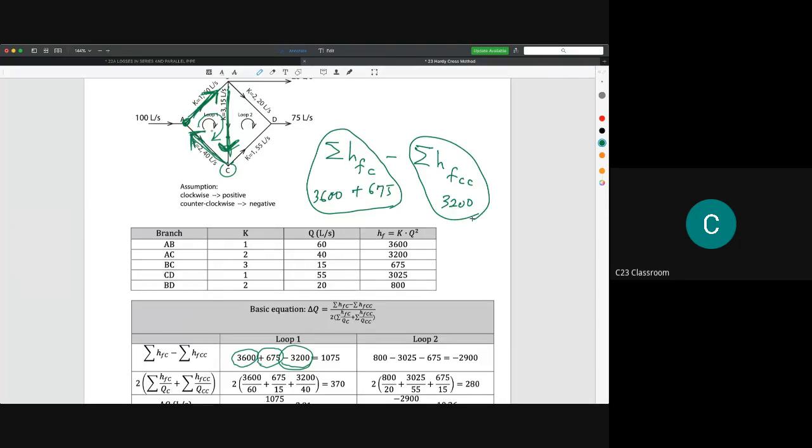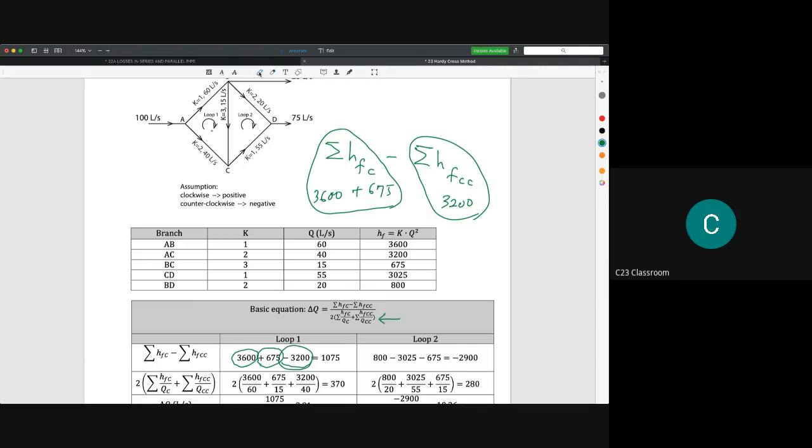Then we need to fulfill the sigma HFC over QC plus sigma HFCC over QC. For the bottom terms, it's quite easy because it does not involve the minus sign, so we just add all of the parameters.